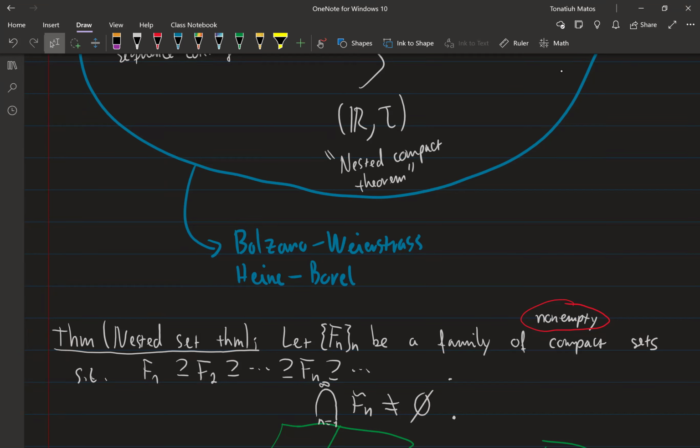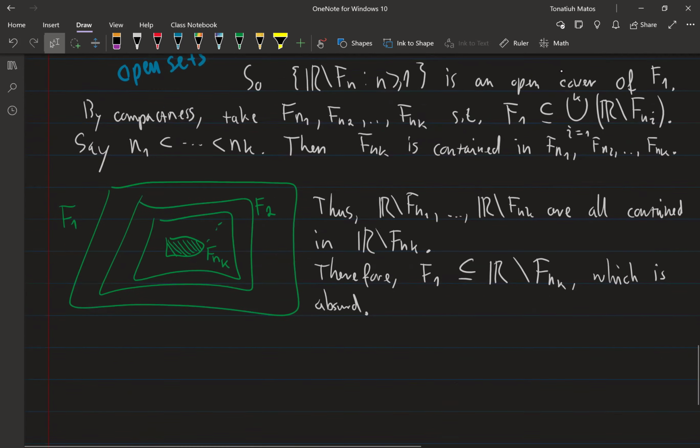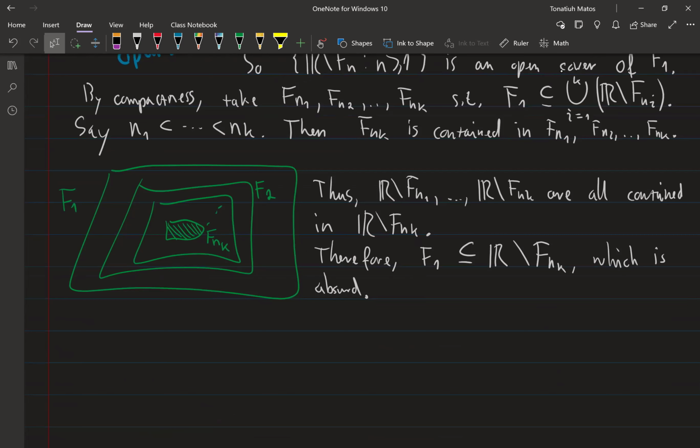But closed sets can also be defined in terms of sequences. A set is closed if every sequence that converges inside the same set, right? So basically, a closed set is one that contains all its limit points. If you find a sequence that converges outside of the set, well, then your set wasn't closed, right?